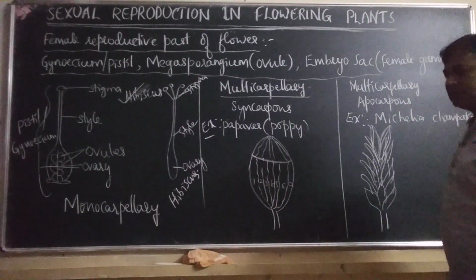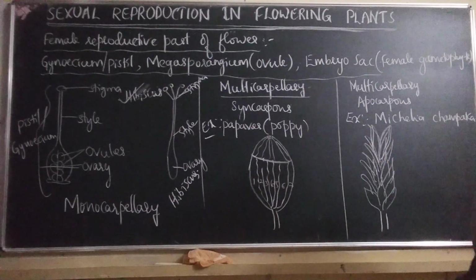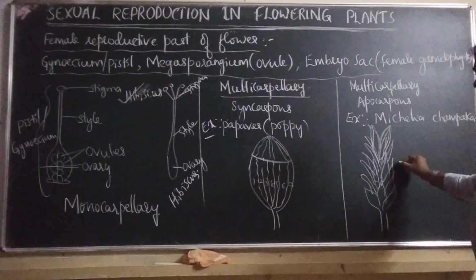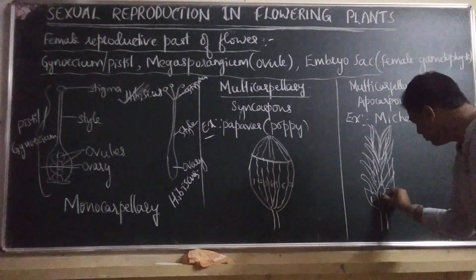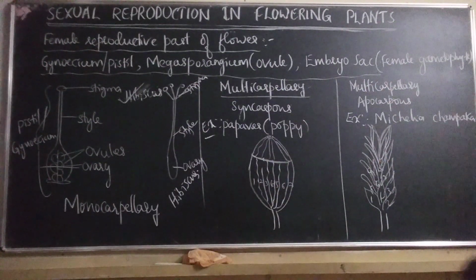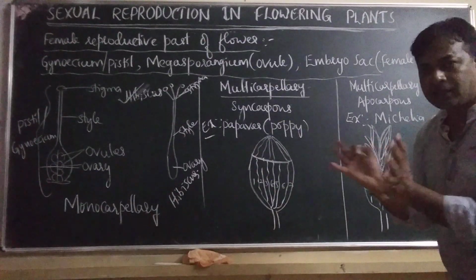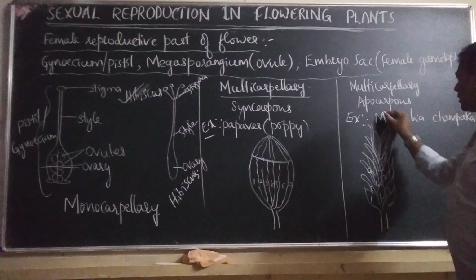You should see the structure where all the carpels are separate. Many carpels are there. Like this is one carpel. 1, 2, 3, 4, 5, 6, 7, 8, 9, 10. Like that you can name it. But all are separate. They are not joined together. So they are called apocarpous.